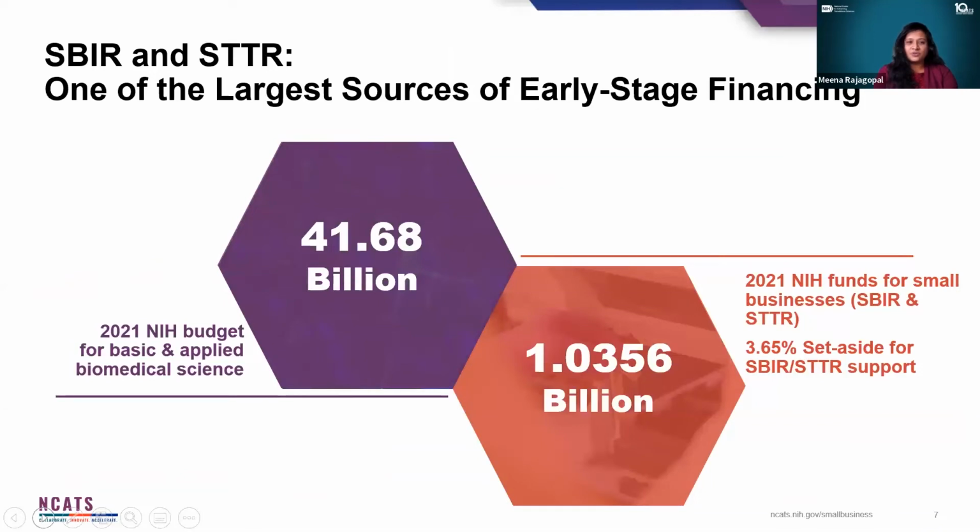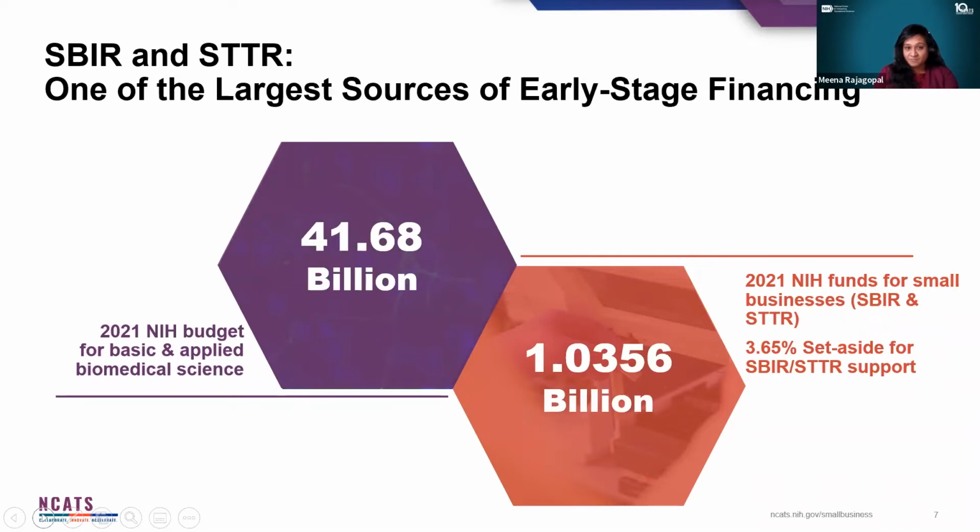So to quickly give an overview of the small business program, the SBIR, which stands for Small Business Innovation Research, and STTR, which is Small Business Technology Transfer Research Programs, are also known as America's Seed Fund, and it is one of the largest sources of early stage funding available for small businesses research and development.